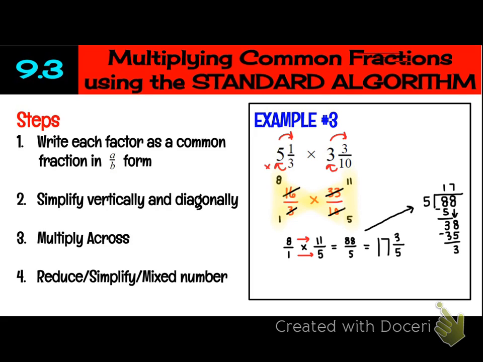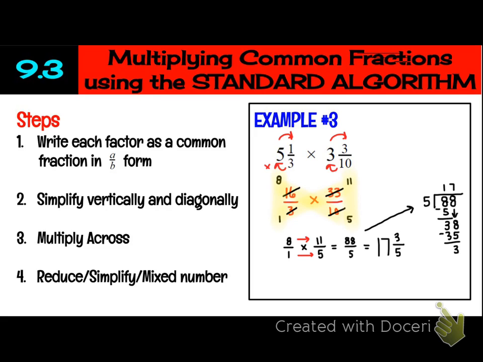Now I know some of you are still fighting doing the simplifying on the diagonal and vertically and want to just multiply across. But remember, if you did that in this problem, and you don't need to write this down, but I want you to think about this.